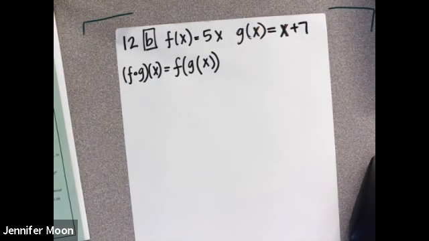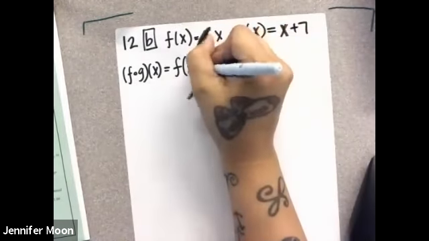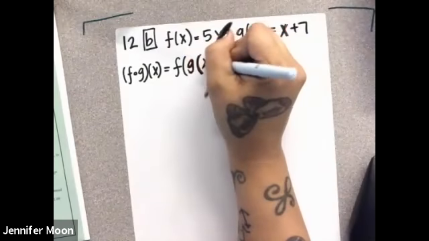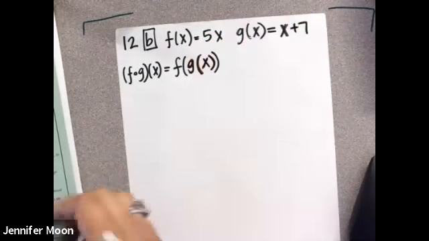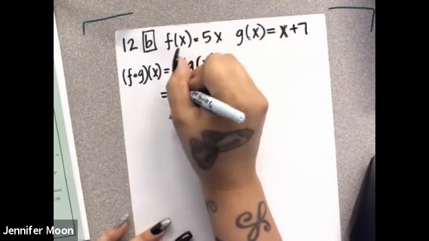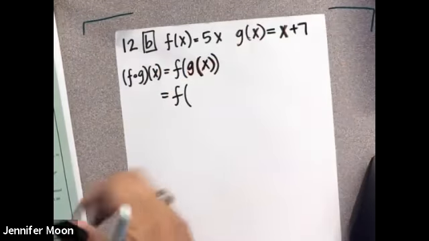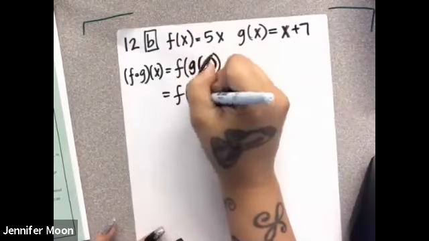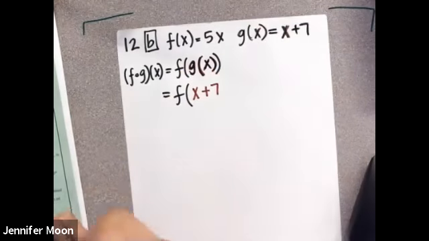Now, that's what I'm supposed to use my red, y'all. Now, you should notice that I've got my G of X being plugged into my f of X, right? This is where I'm supposed to use red. It's really hard to switch. So let me actually plug that in. If I do f of, what's my G of X? X plus 7?